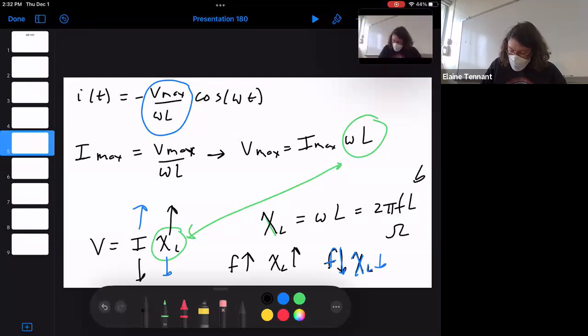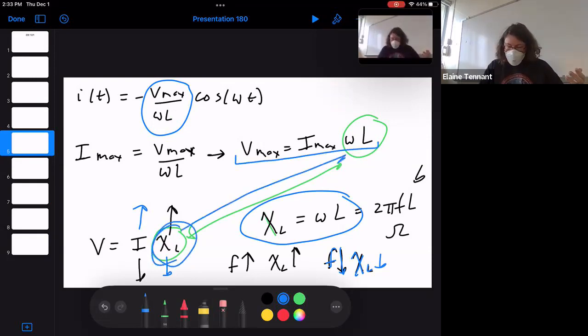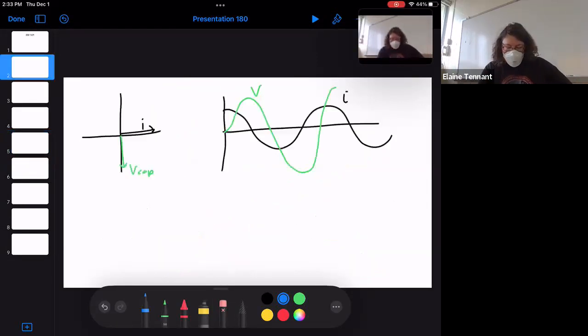Like we have this reactance here, where basically I wanted to know how this inductor was going to block current, and so I made something that looked like an Ohm's law. And I just said, okay, whatever is where you would have put the resistor, I'm going to call that a reactance.